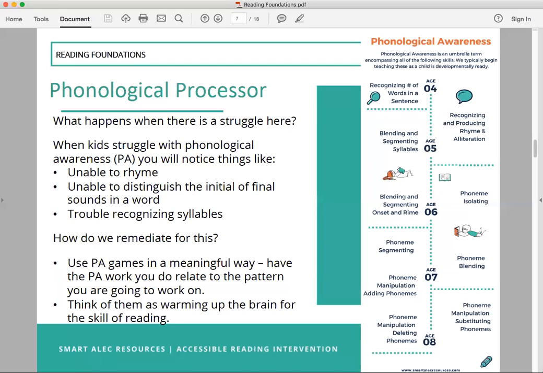So we do have a number of games that we play and things that we do. We try to use PA or phonological awareness games in really meaningful ways and make sure that that work that we're doing is relating to specific patterns that we're working on or teaching. So really what we're trying to do is make sure that when we are working on that phonological processor, that is coming in alignment with whatever we're doing for the orthographic processor and the meaning processor and the context processor, so that we're getting all of those reading processes working together.